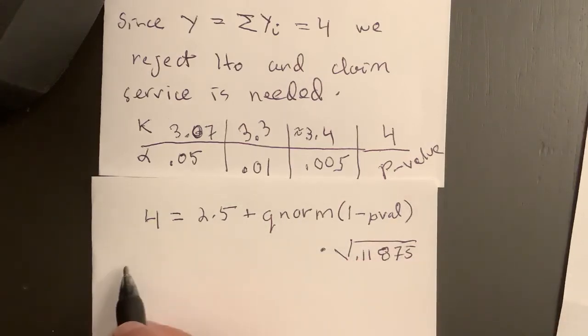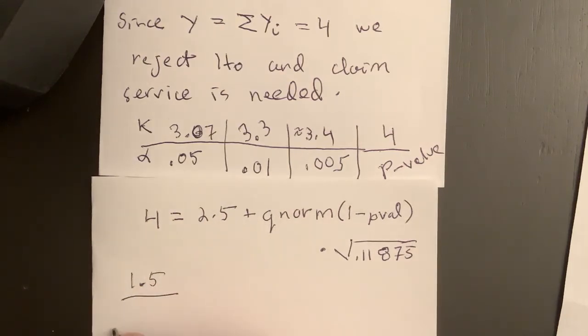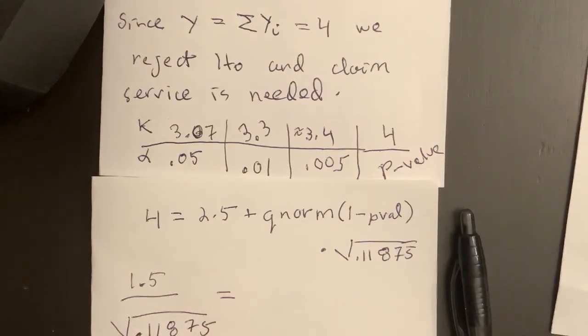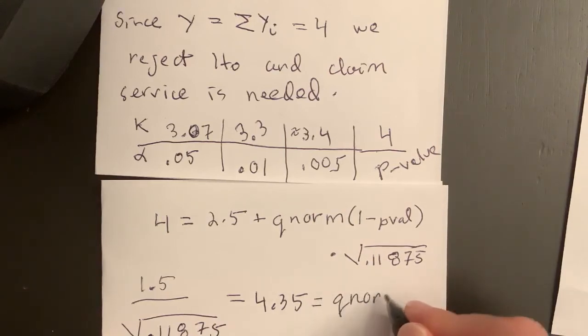So I have 1.5 divided by square root 0.11875, which is equal to 4.35, and I want this equal to Q norm of 1 minus the p-value.